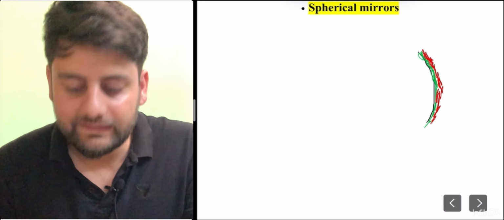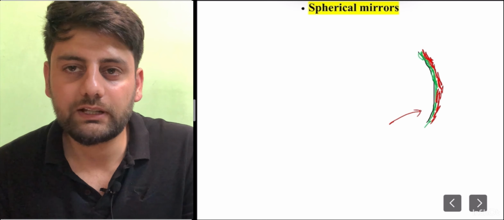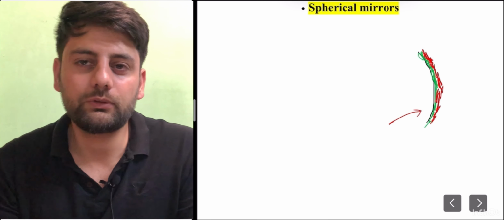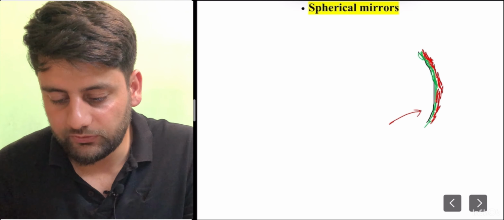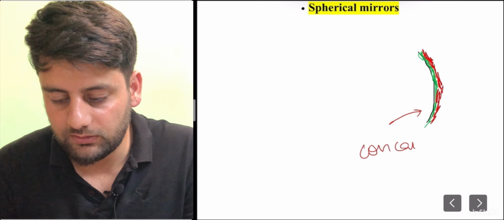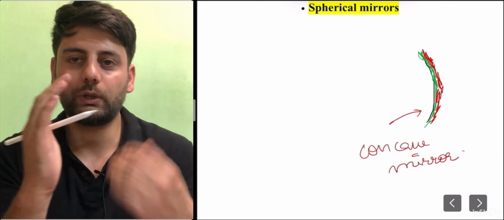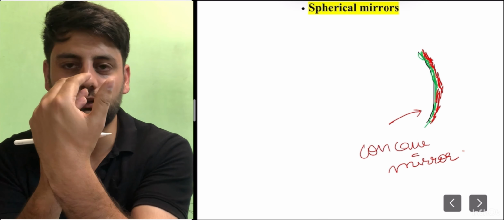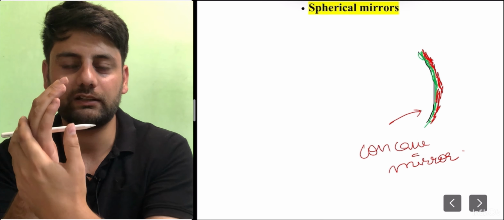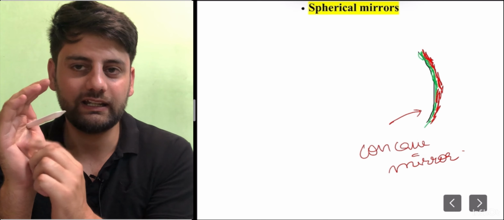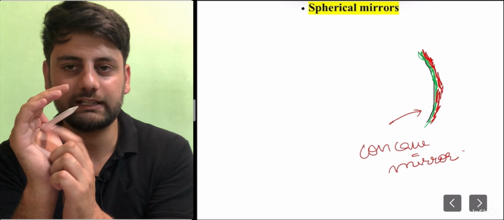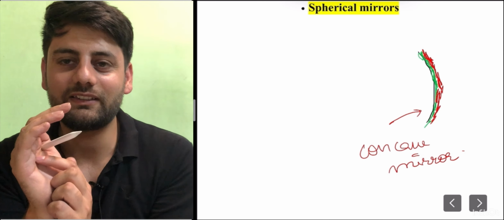So this type of mirror, where the reflective side is from inside, is known as a concave mirror. You have silver coating on this side and red paint over the silver, so this cave side is the reflective side, therefore this is your concave mirror.